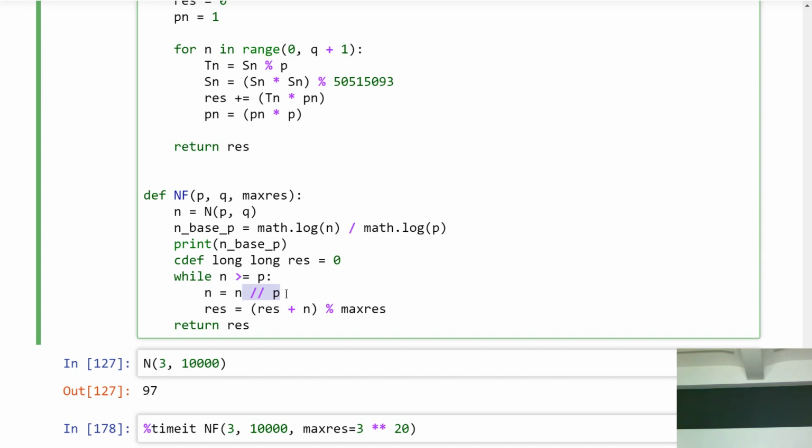Actually, it's not the factorial. We don't have the factorial, we have the NF, like 3 to the power of that big number, so this one would be super big. Yeah, this is already optimized for not calculating the factorial.